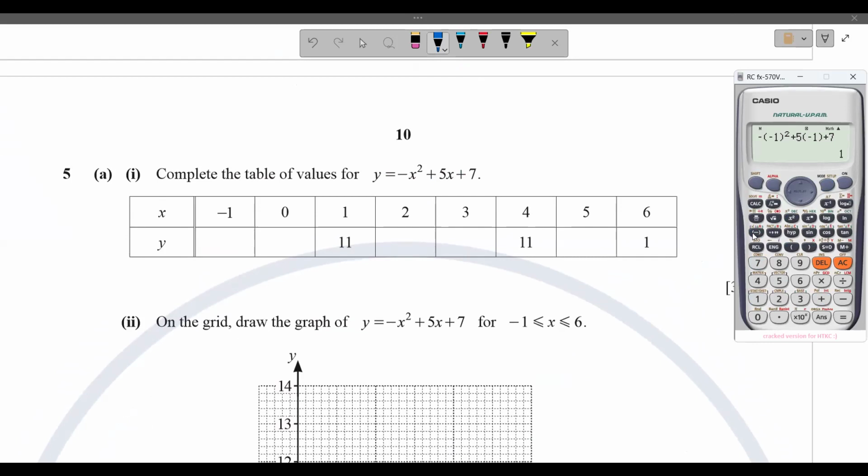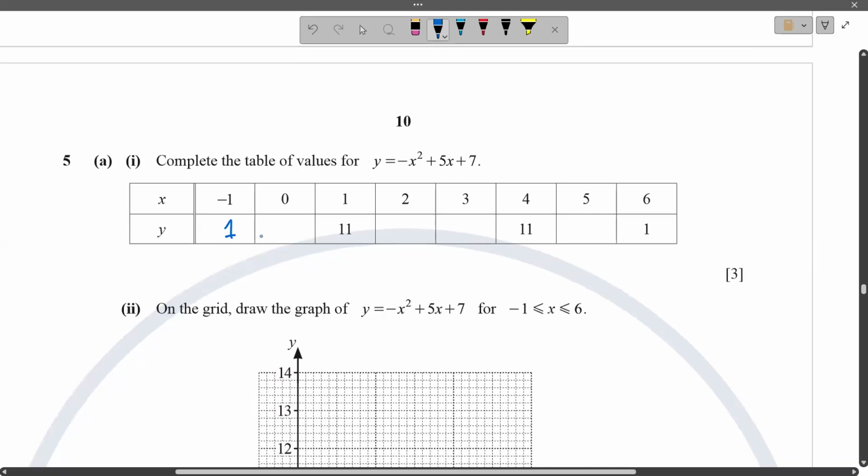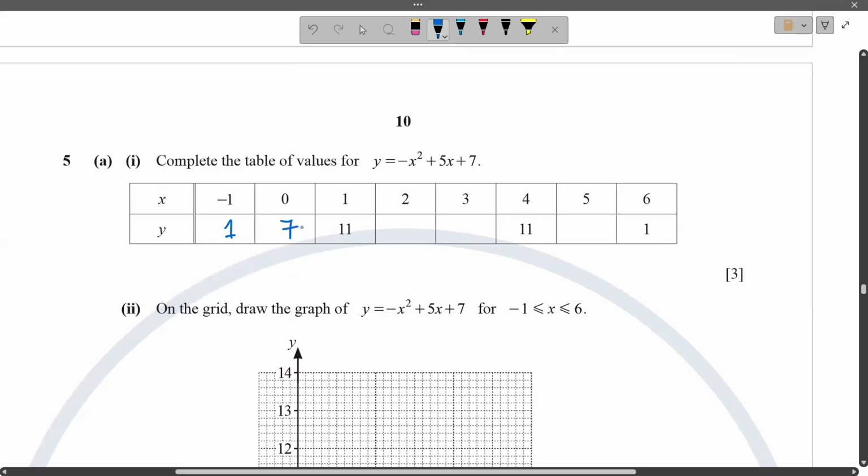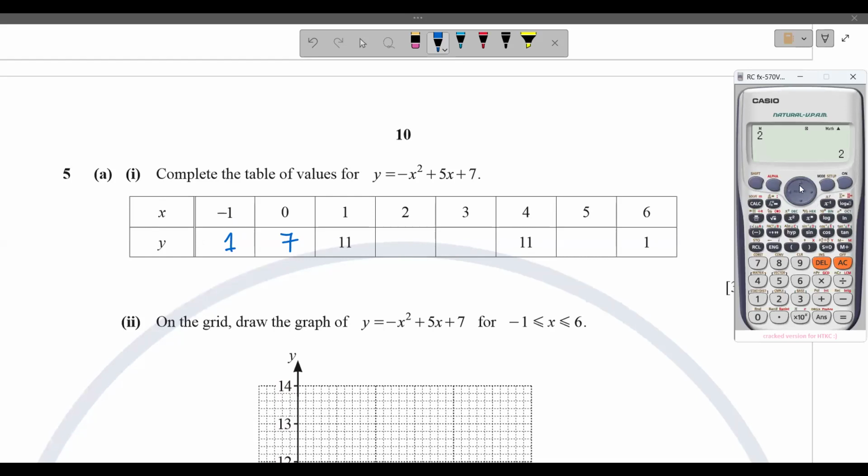Another way is to write negative 1 and keep it as the answer. Then write negative the answer squared plus 5 multiplied by the answer plus 7, which is equal to the same answer, 1. Then I'm going to use 0 as the answer, and use the same equation. So here it's 7.